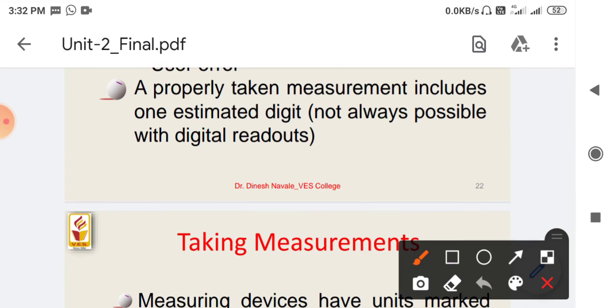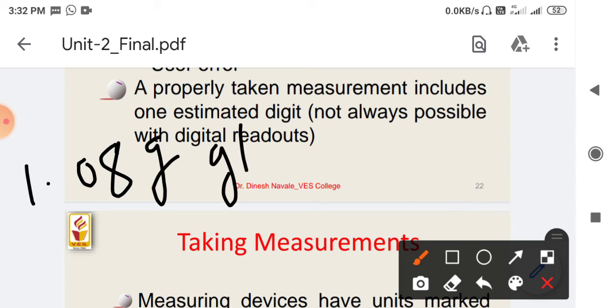Suppose I am taking the weight of around 1.08 gram of a substance, like glucose. If my measuring instrument is showing me only one digit of output, I might get either 1.1 or 1.0.